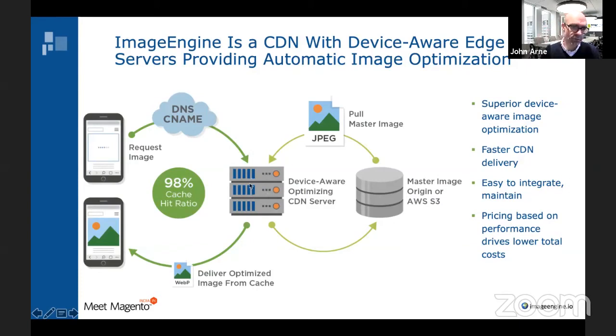And then ImageEngine will do its magic based on the device type and browser and network connection. It will optimize and compress and resize, if necessary, the image before it's served back to the device. And then once it's optimized, it will be served from the edge servers of the CDN.